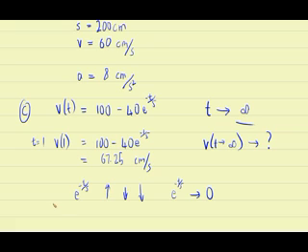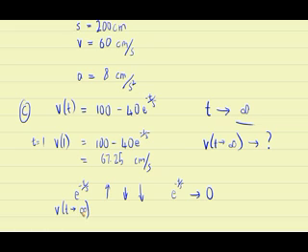So in that case, v as t approaches infinity. Now it's tempting to just make the substitution and put infinity in there. I don't really like that. It's really as t approaches infinity.